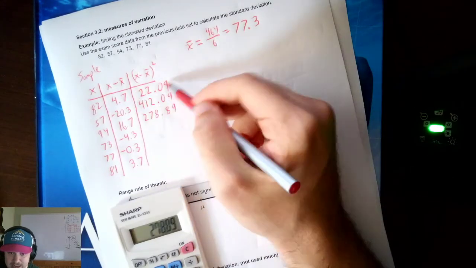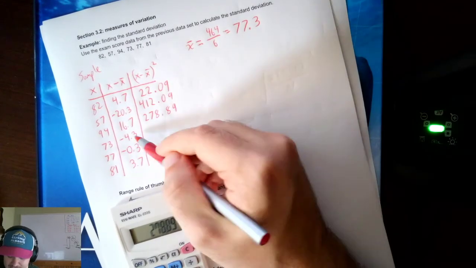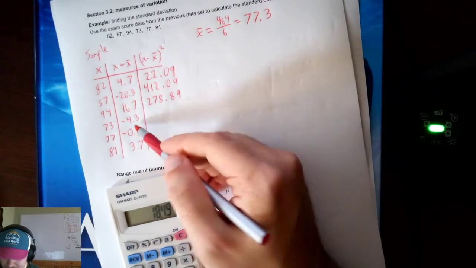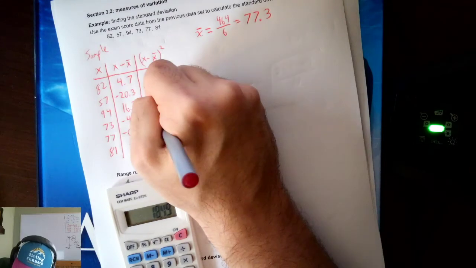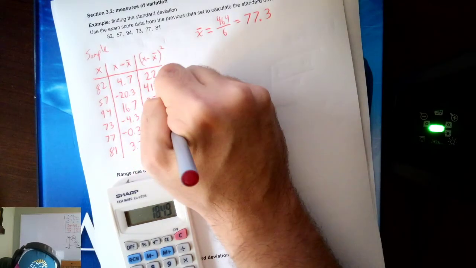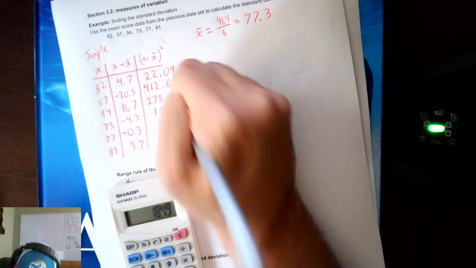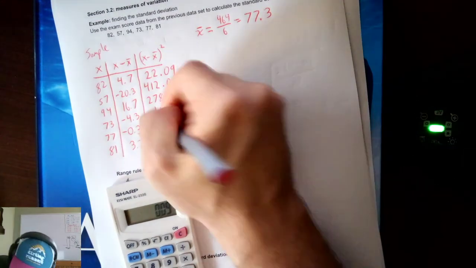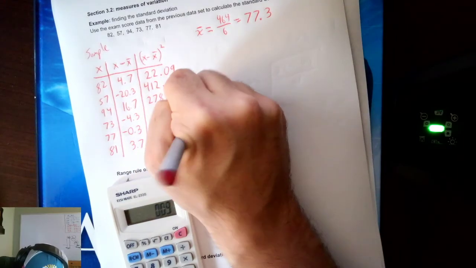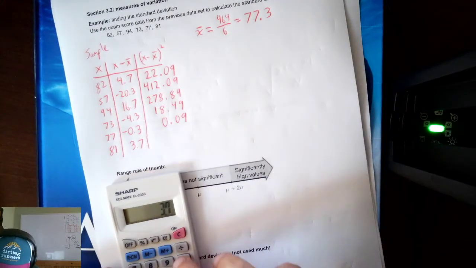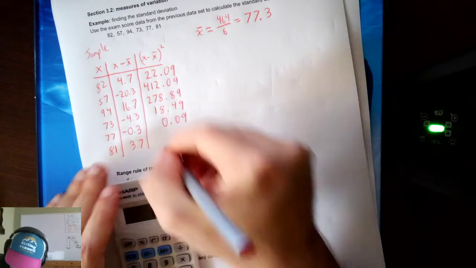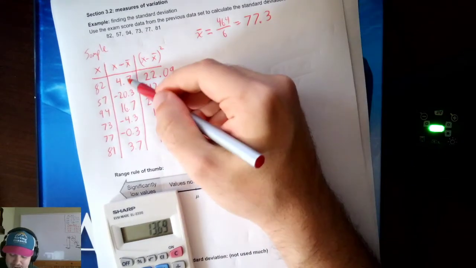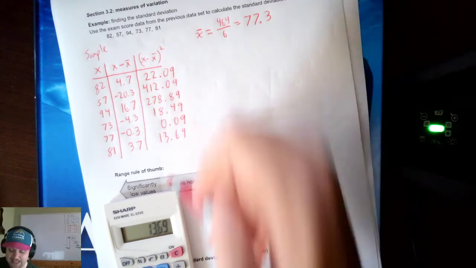So I'm squaring each of these values to get the last column. 4.3 squared, technically negative 4.3, but either way it's going to be positive, right, is 18.49. 0.3 squared, right, will give me 0.09. And then 3.7 in the last one will give me 13.69. So I squared these middle numbers to get these last numbers.